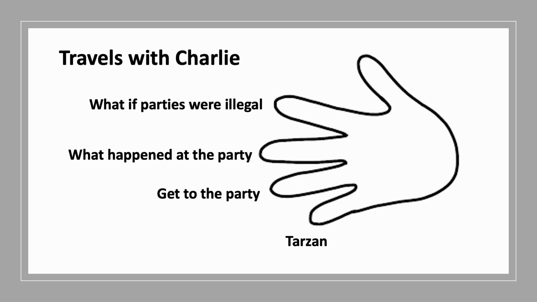What happened at the party? Well, let's say Tarzan got out of control. We're talking about the past tense. He came to the party last night and he got out of control and he was throwing couches out the window. Well, the cops came and arrested him, took him downtown, and then he called me this morning, present tense, and asked if I could bail him out of jail. Well, I don't have the money, so I'm going to have to call my mom, future tense, and ask to borrow the money.